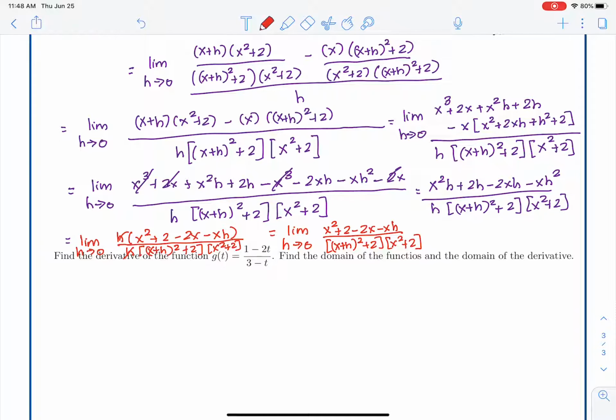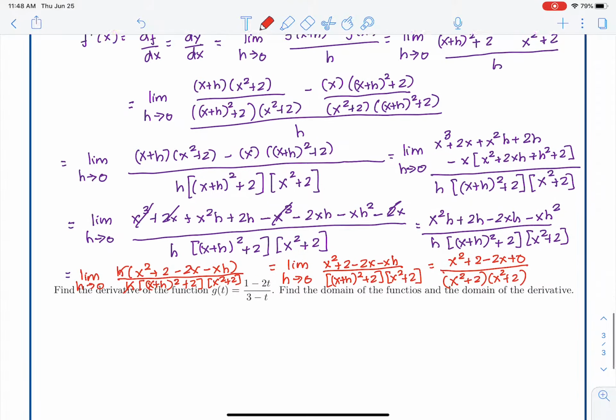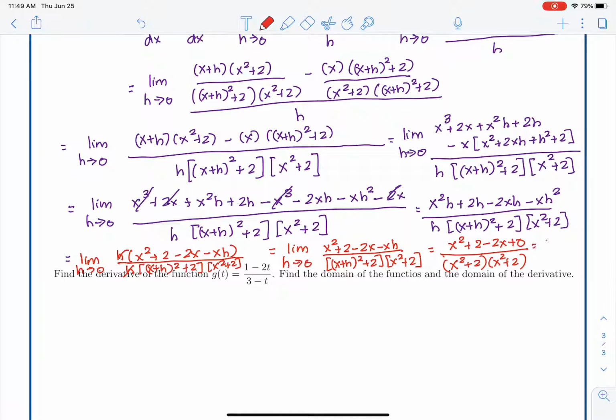If we apply the limit, the numerator would simply be x squared plus 2 minus 2x plus 0, divided by x squared plus 2 times x squared plus 2. So the derivative here is x squared minus 2x plus 2 divided by x squared plus 2 squared.